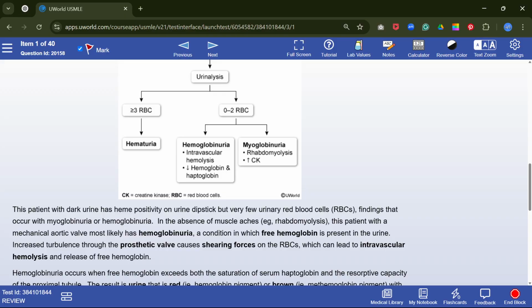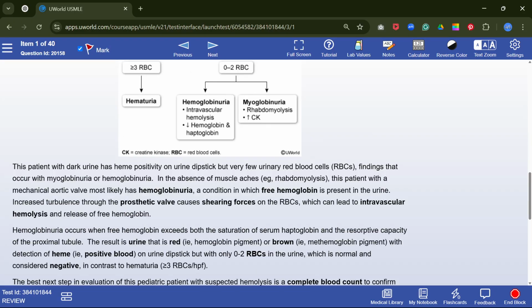This patient with a mechanical aortic valve likely has hemoglobinuria, a condition in which free hemoglobin is present in the urine. Increased turbulence through the prosthetic valve causes shearing forces on the RBC, which can lead to intravascular hemolysis and release of free hemoglobin.